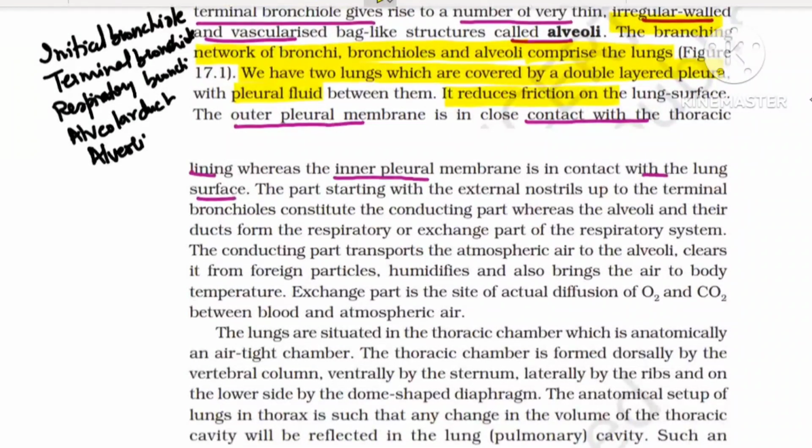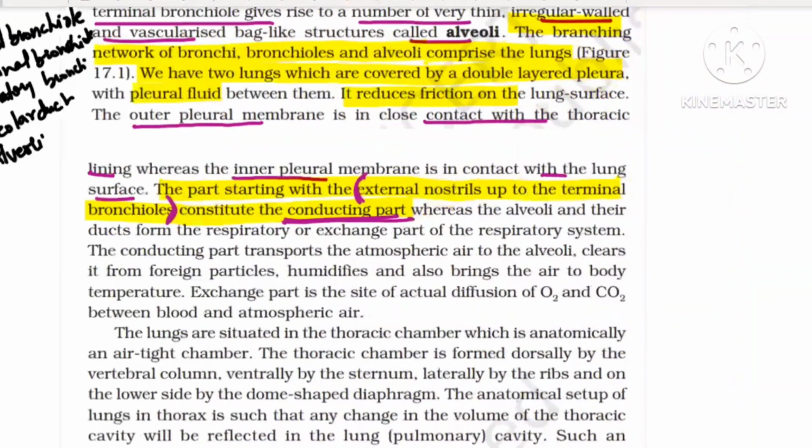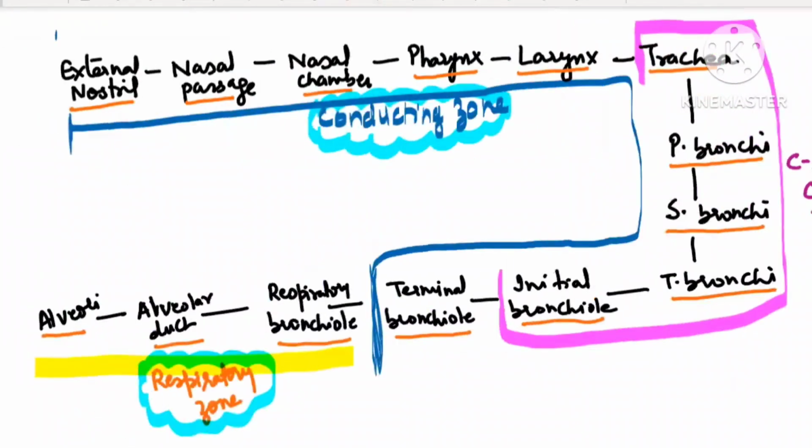Now see carefully. The part which starts from the external nostril up to the terminal bronchiole makes the conducting part. I'll show you the diagram once again. See the diagram.